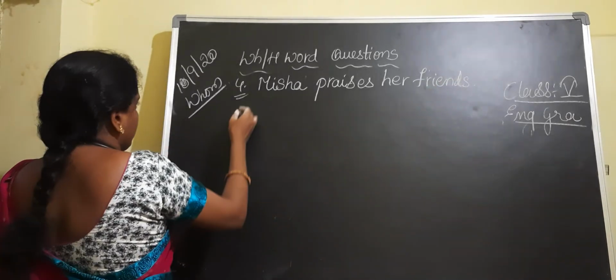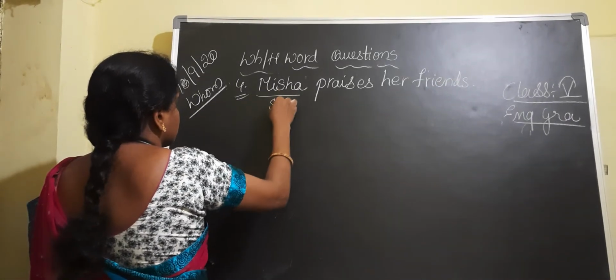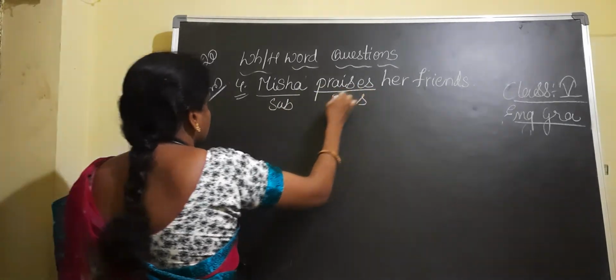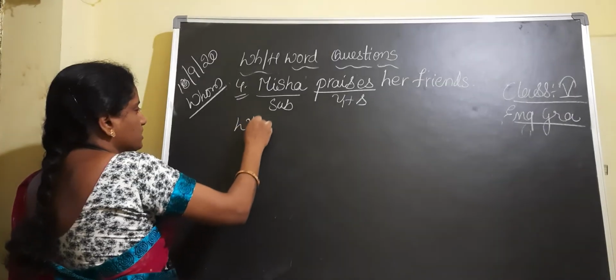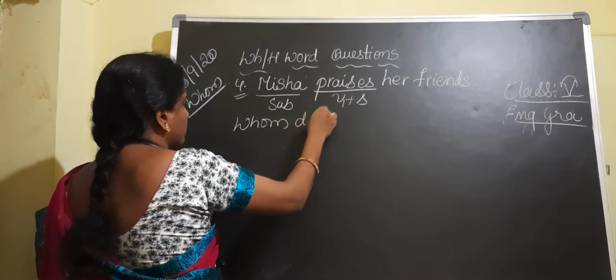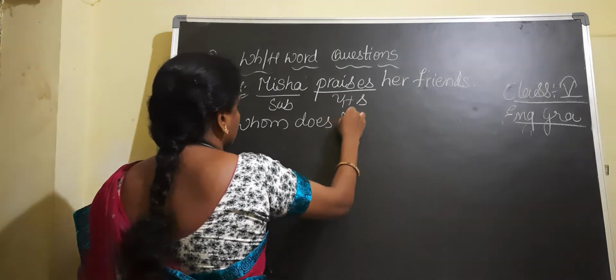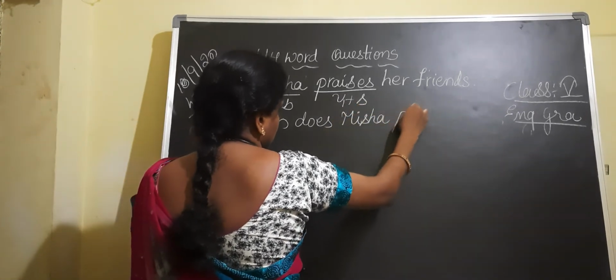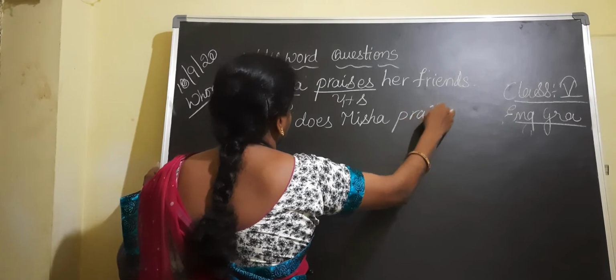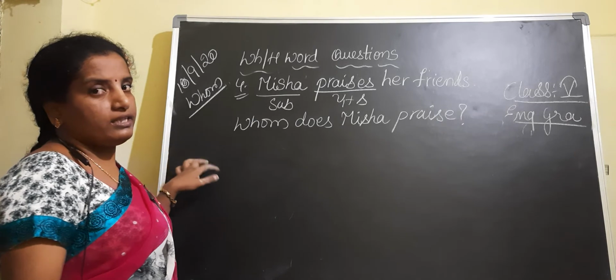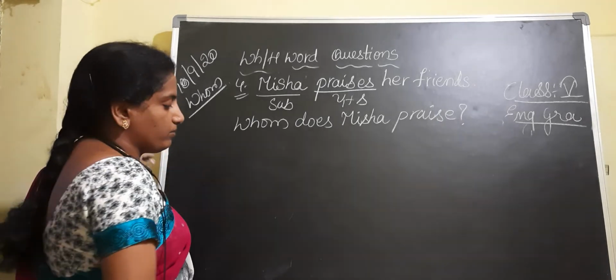See, children, here Misha is the subject, nana. Praises is V1 with s. Now first we have to write the WH word, then according to this do or does, then the subject. Whom does Misha praise? And we have to keep the question mark.